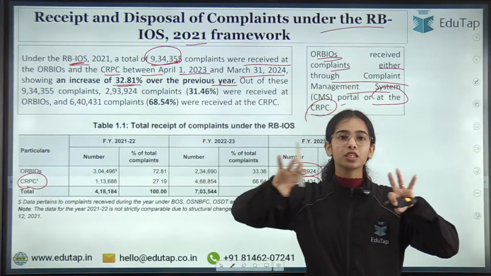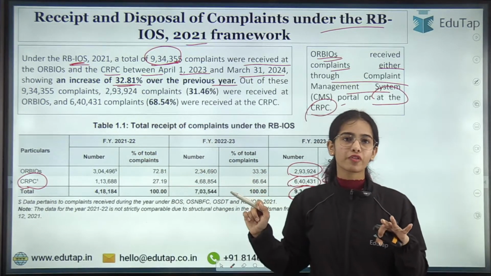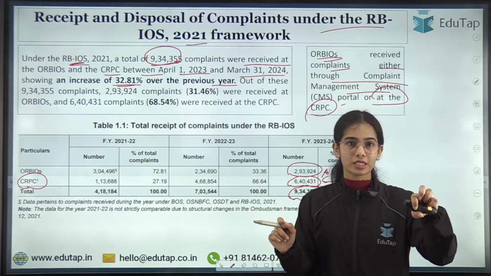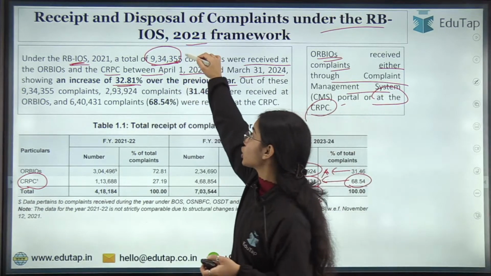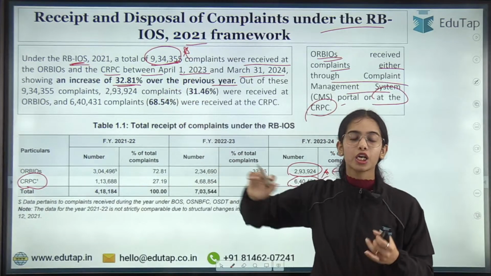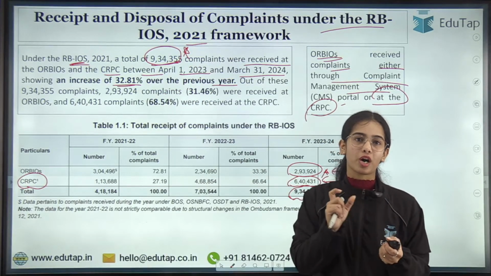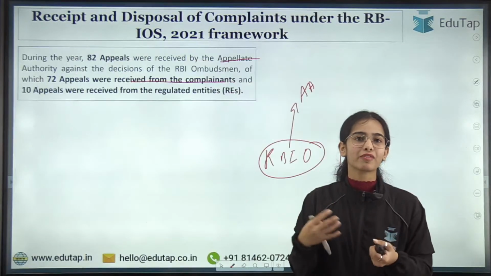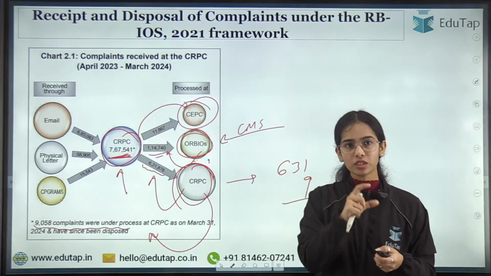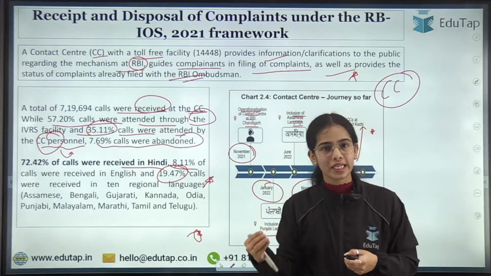We have done the bifurcation of the offices of the RBI Ombudsman, the CRPC, CMS, and such, but this is the total number. So this becomes important. Okay? So remember the total number and the percentages. Do go through the PPT, because you might have got confused by so many numbers, so that you have a clear understanding. Okay?